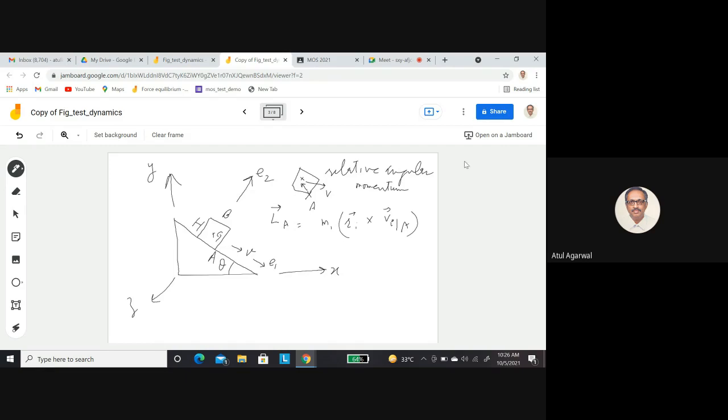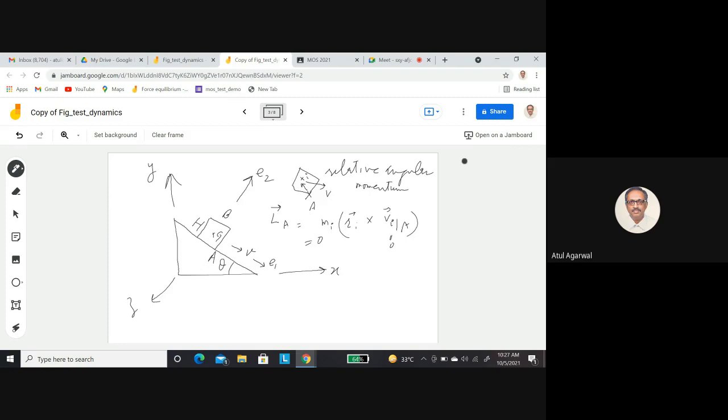Vector from point A to particle i, and this is the mass of that particle i, cross product with the velocity of point i with respect to point A. Since the block is simply having rectilinear motion, this velocity is zero. It is pure translation, so there will not be any relative velocity between point i and point A. Point A is fixed to the block. So you get the relative angular momentum of the block with respect to point A as zero.